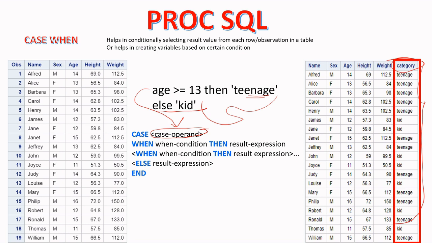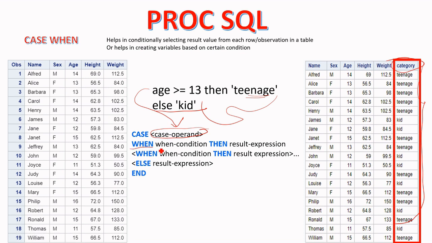But this is only useful when you have to perform the operation on one variable itself. If you have to perform the operation on more than one variable, then it's not useful at all. So in our example, we will not go ahead like this. We will learn how to use case when even if we have more than one variable.